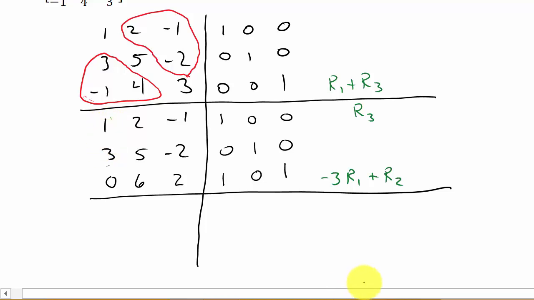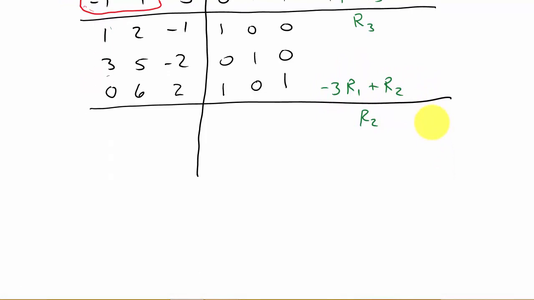So I'm replacing row 2 with this result. Let's write the other two rows down, and then I've got 0, 6, 2.